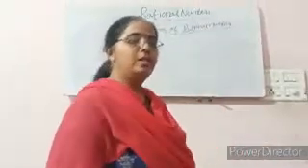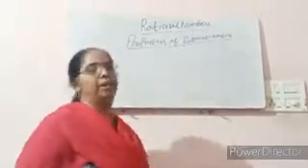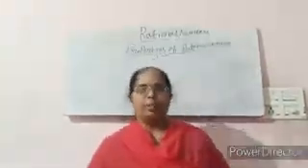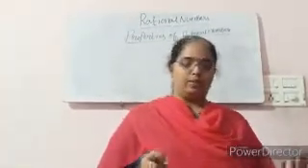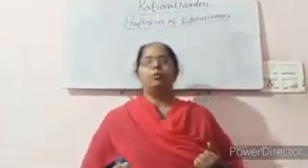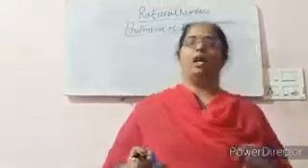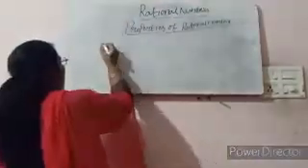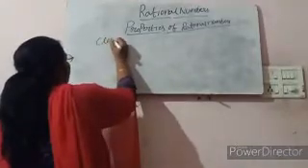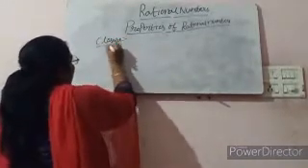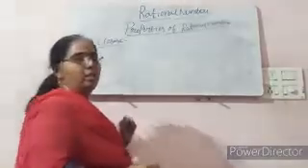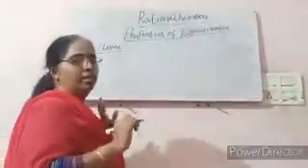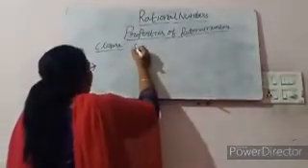Now we will see the properties of rational numbers. We already learnt the properties in whole numbers as well as in integers. Now we will take a quick glance at them and then go to rational numbers. First is the closure property.